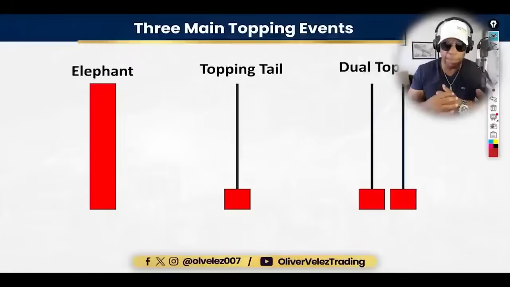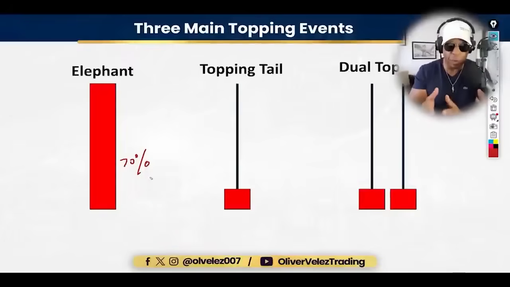All right. Now, the topping tail bar, let me just tell you this. The elephant bar, and I need you to write these numbers down. The bare elephant bar from a top has about a 70% success rate or follow through rate. You'll see I use them interchangeably.